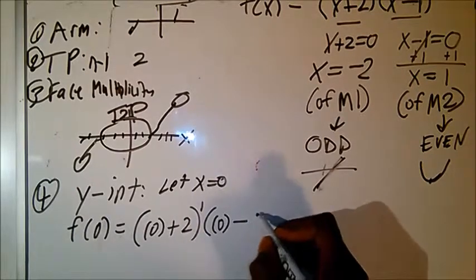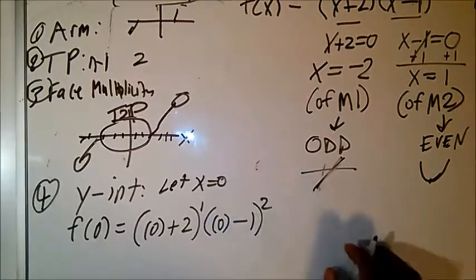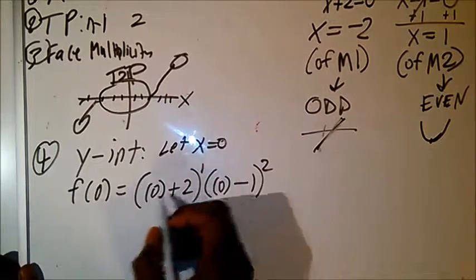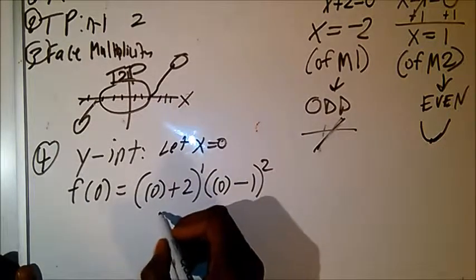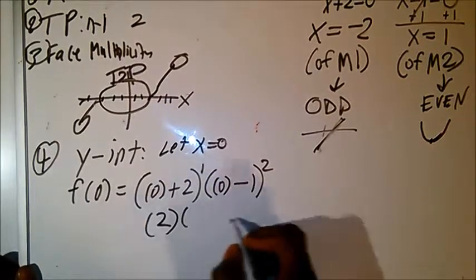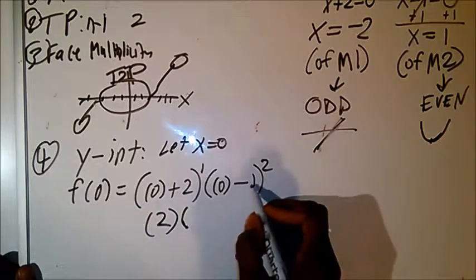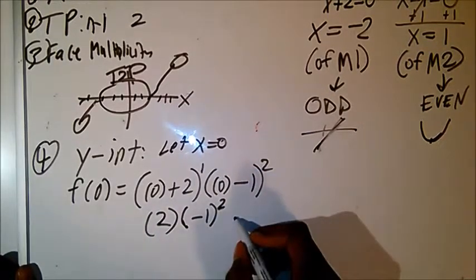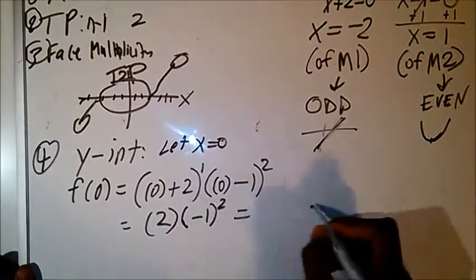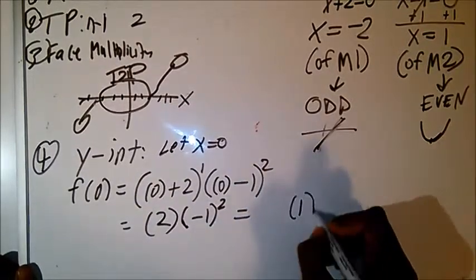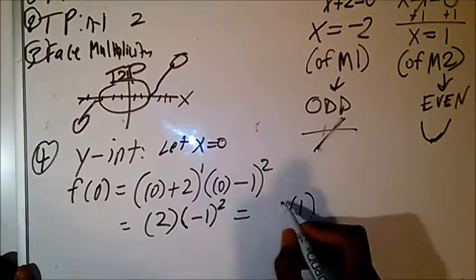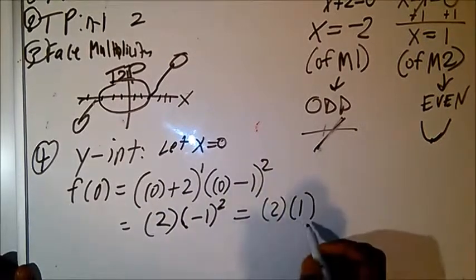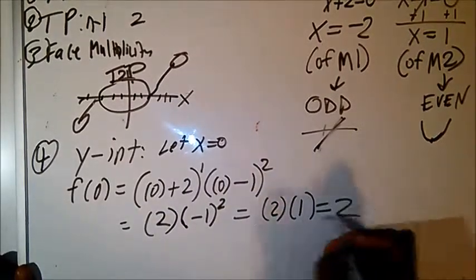0 plus 2 is going to be 2, times 0 minus 1, which is negative 1, squared. Negative 1 squared is 1. And 2 is 2. 2 times 1 is 2.